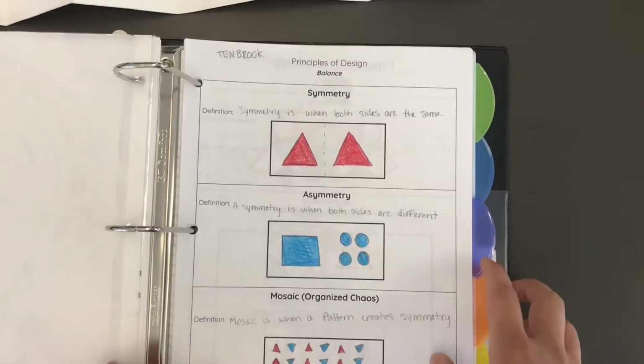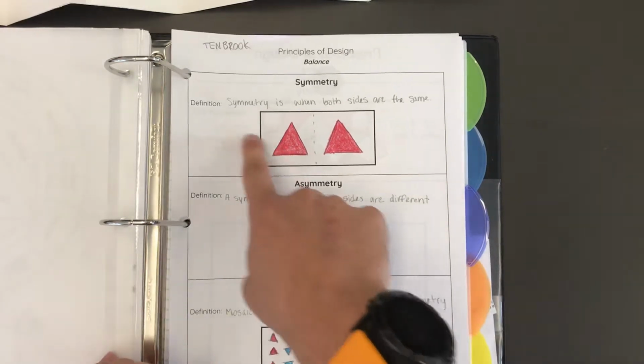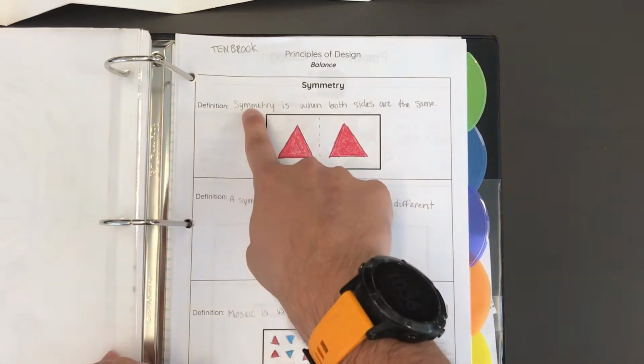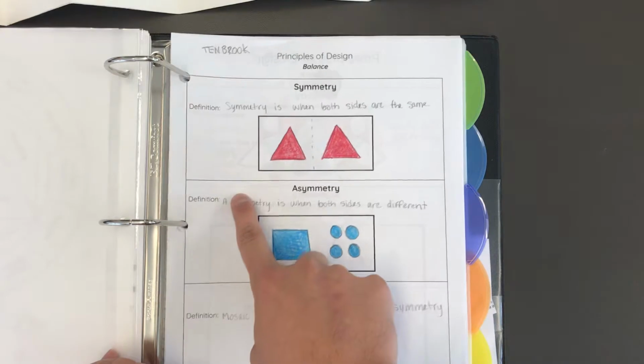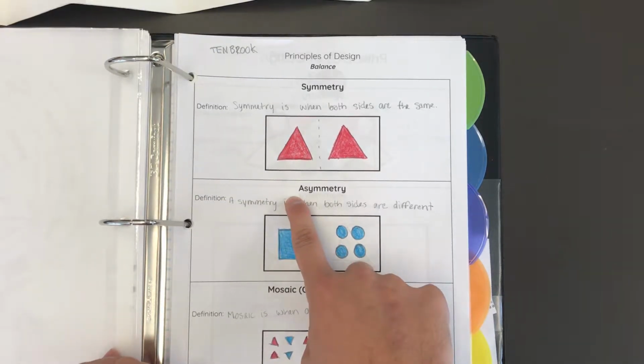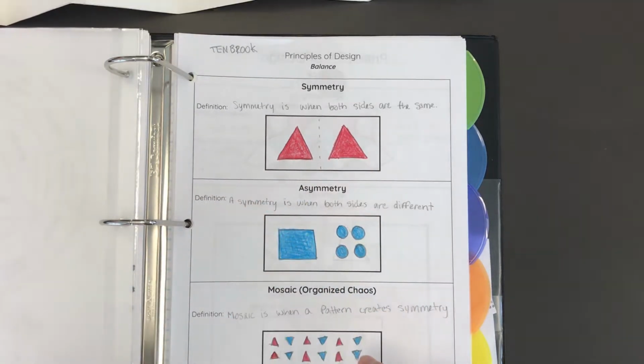And right here in the first page, it'll tell you the definition of balance with symmetry and asymmetry. So you can create balance using 2 different methods. Symmetry, which is when both sides are exactly the same, or asymmetry, when both sides look like they have the same amount, but they're different shapes.